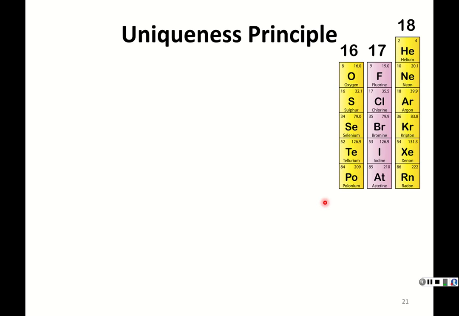That brings us to... So we've discussed the overall review of the periodic trends, which hopefully you covered in the first quarter of general chemistry. Now we're going to go into some new principles. One is the uniqueness principle.